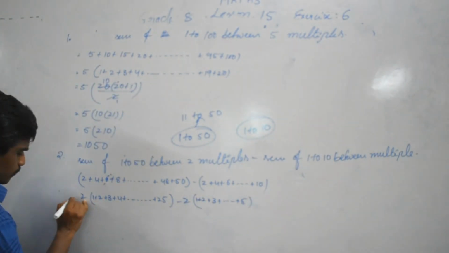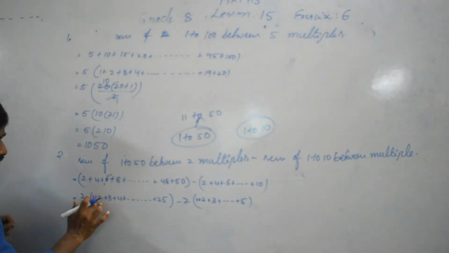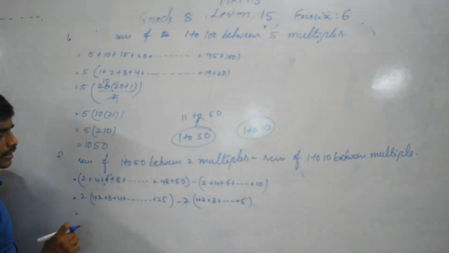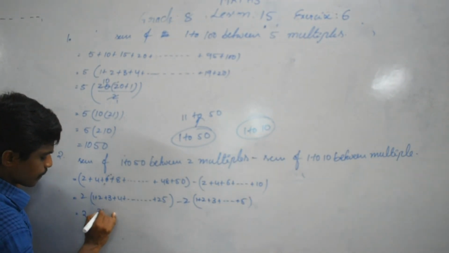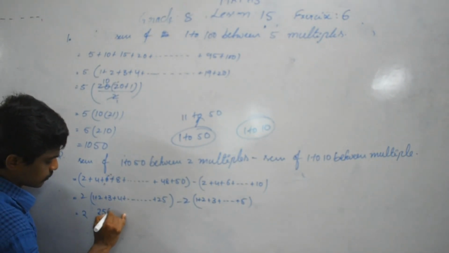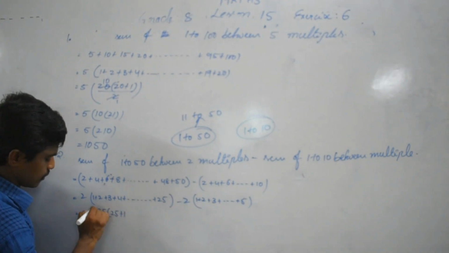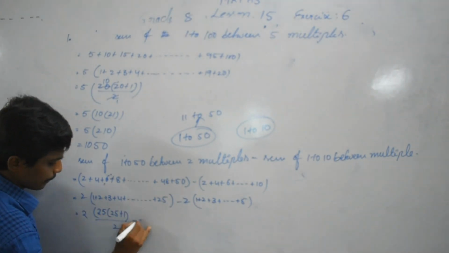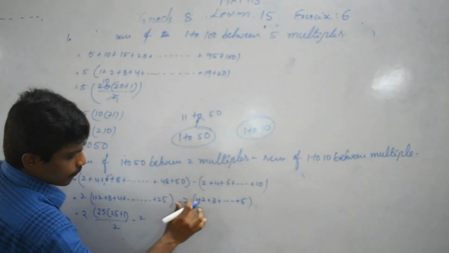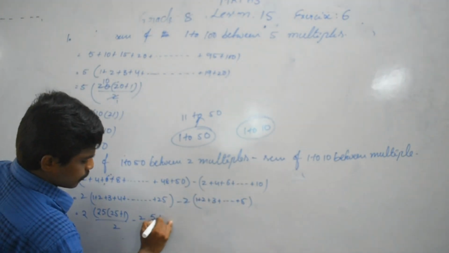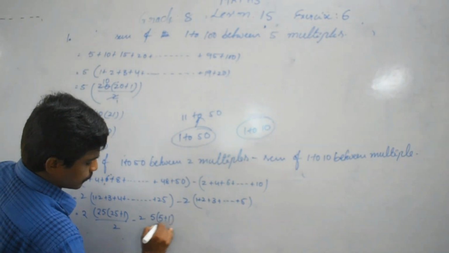So here 1 to 25 natural numbers, the sum of the natural numbers, 2 crossed out: 25 times (25 plus 1) by 2, minus, 2 crossed out, 5 times (5 plus 1) by 2.